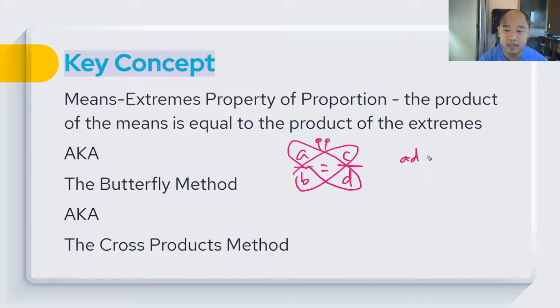This is the means extremes property. It's also called the cross products method, where you multiply the ones that are diagonally across from each other.